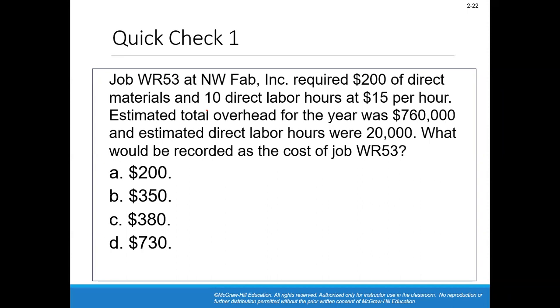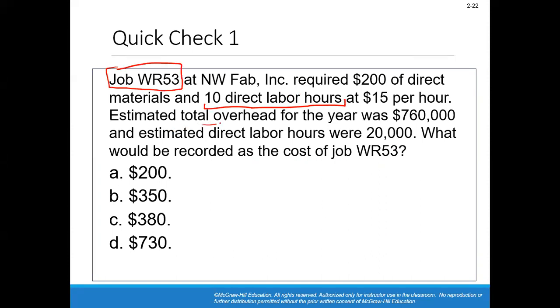Estimated total overhead for the year was $760,000 and estimated direct labor hours are 20,000. What would be recorded as the cost of job WR53? Remember, separate it down. These 10 direct labor hours are required only for this job.